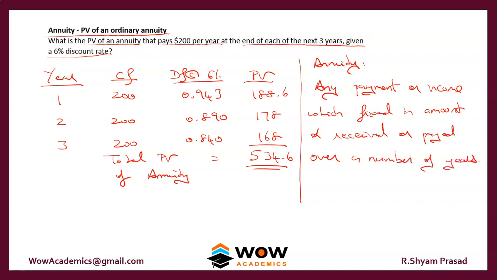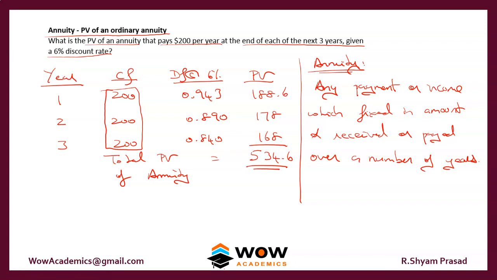That is, very simply, if you're going to receive or pay a fixed amount of money, 200, 200, 200, the number doesn't change. Every year it is 200. In that case, it is called an annuity rather than a cash flow.